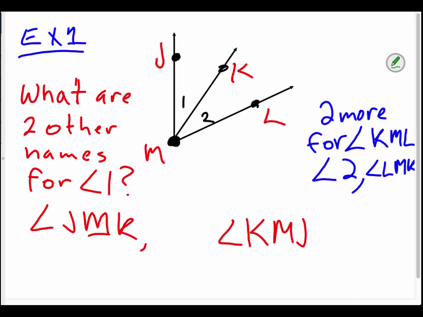Now what I want to point out to you guys is that the vertex for both of these angles is always going to be M, and it's always going to be in the center if you use all 3 points to label it. In this particular scenario, though, we could call it angle M. I would caution against that because there's two angles that are connected to each other, and angle M doesn't necessarily define whether it's angle 1 or angle 2. Does that make sense? Okay.